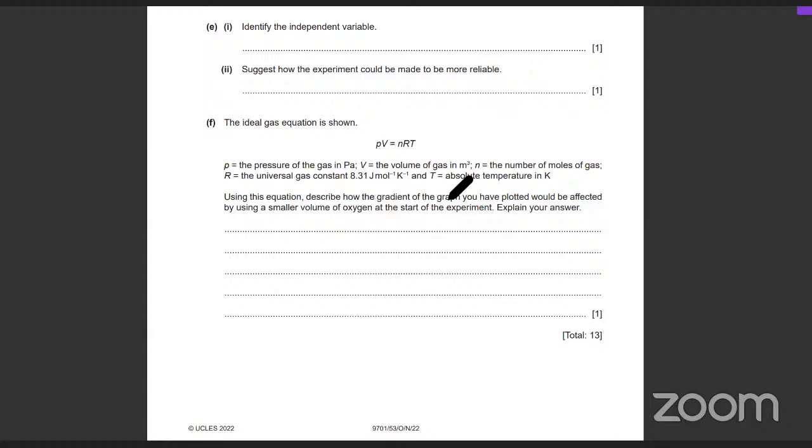Use this equation to describe how the gradient of the graph you've plotted would be affected by using a smaller volume of oxygen at the start of the experiment. Explain your answer. So PV = nRT.